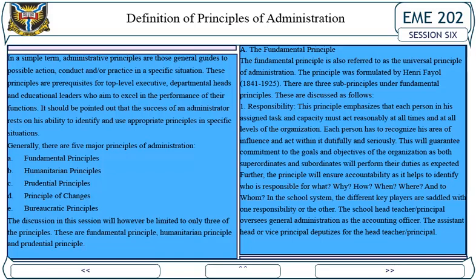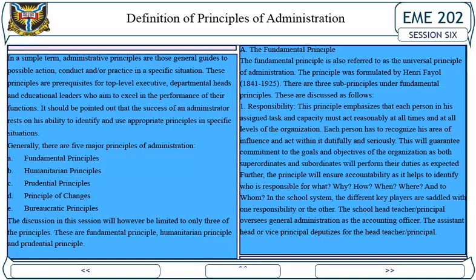Definition of principles of administration. In simple terms, administrative principles are those general guides to possible action, conduct, and/or practice in a specific situation.